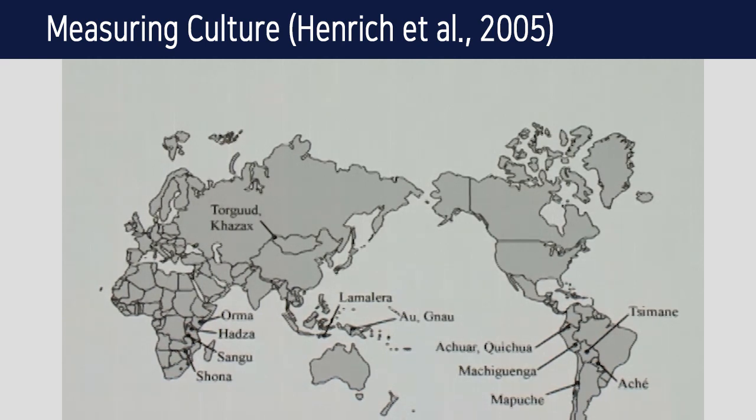This is a paper by Joseph Henrich and co-authors published in the American Economic Review in 2005. He wanted to measure cultural differences around the world. So he picked 15 very small-scale societies, shown here. And what he did is he ran a very specific experiment in these different societies. This experiment is called the ultimatum game.